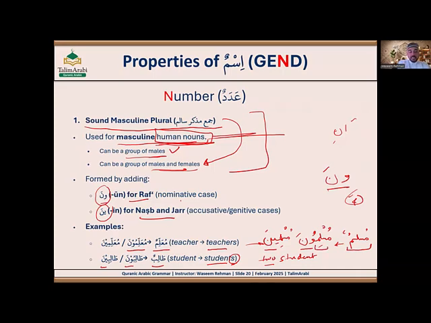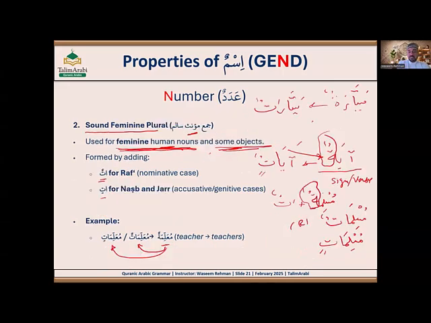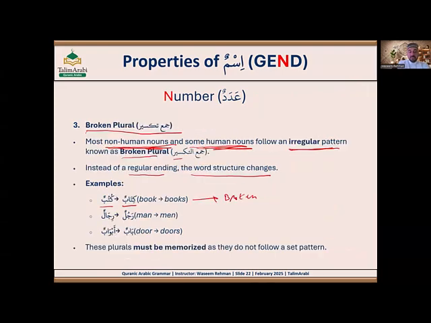Talibun, ta, alif, lam, ba is still there. Muallimun, mim, ain, lam, mim is still there. There is no change in sequence, whether it's a sound masculine or a sound feminine, right? Like muslimatun, still mim, sin, lam, mim is there. Mim, ain, lam, mim is there. But here, what you're seeing, the alif is gone, right? Kitabun. There is no alif in between. Now it's only remaining kaf, ta, and ba.